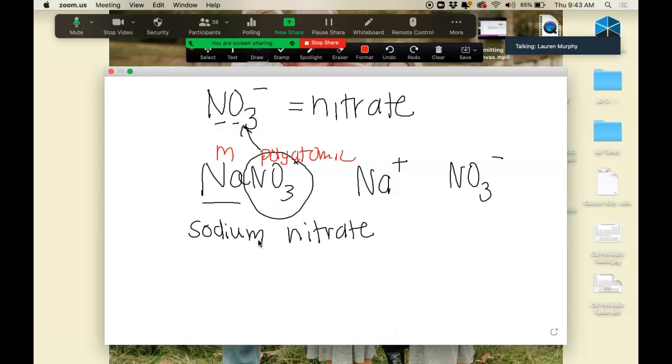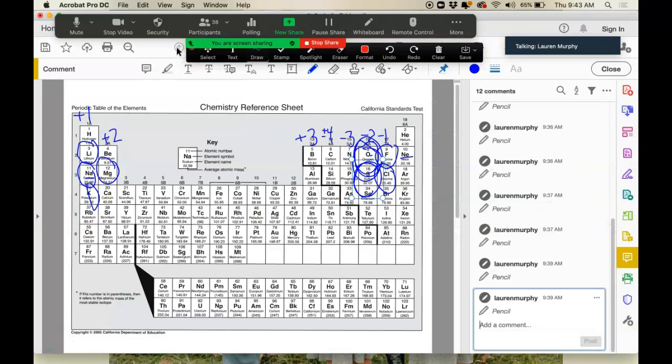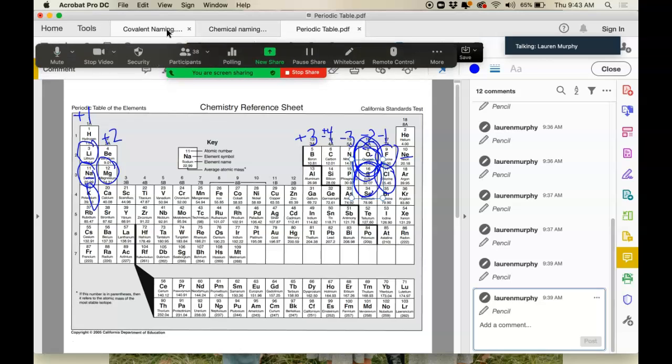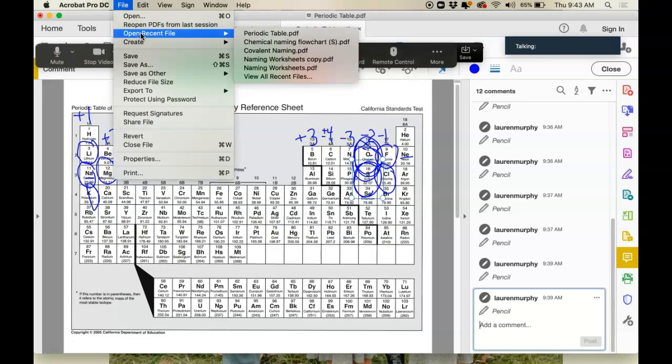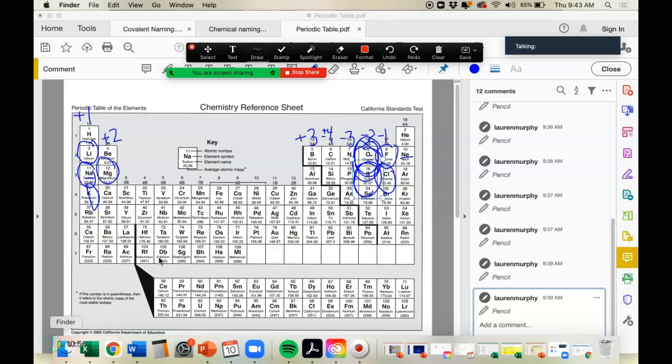The polyatomics I sent to you, it's also going to be on the reference sheets on our main home page under reference sheets, but I just sent it to you on Canvas. It looks like, oh shoot, I don't have it pulled up. Give me 1 second.